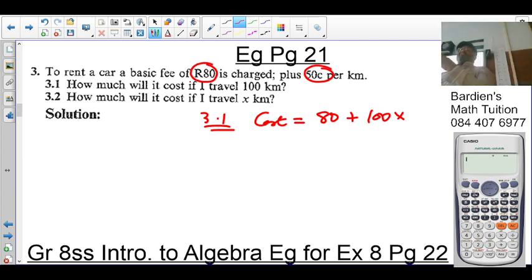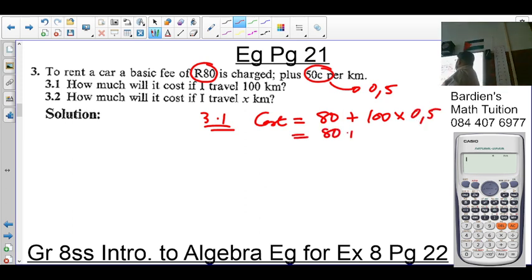So when I do the calculation, it must be in the same unit. Both must be in cents or both must be in rands. So how many rands is the 50 cents? 0,5. So it's going to be 80 plus, what is 100 times half? 50. And 80 plus 50 is 130 Rand. You guys understand?